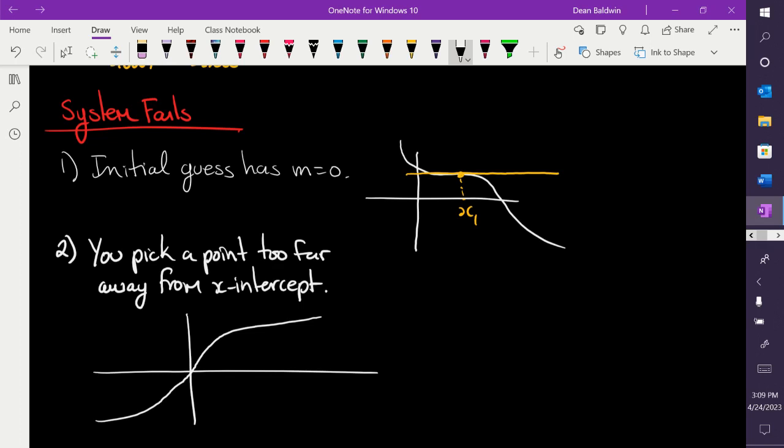What can happen is the graph will just start spinning way far out of control. So visually, if I pick a point here, there's my guess. Well, I draw a tangent line at that point. I can't draw a tangent line.